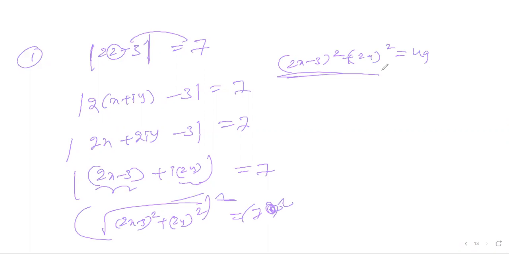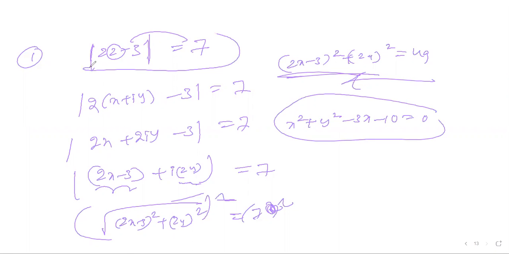Now you open this and send it back, and you'll get one relation. I'm writing the answer directly for the first question: x square plus y square minus 3x minus 10 is equal to 0. This is the way: you take the condition, then replace z is equal to x plus iy, and according to the condition they mentioned, you follow it. You'll get the relations; these are the given equations you are going to get in the answers.